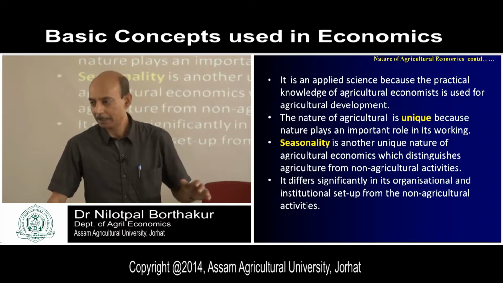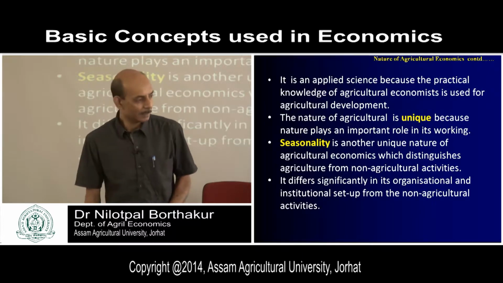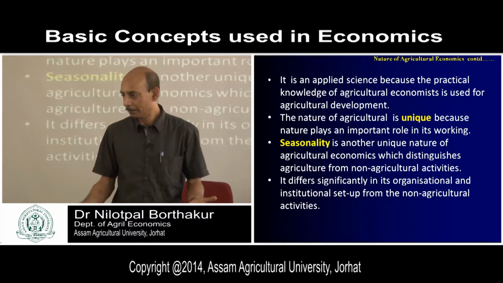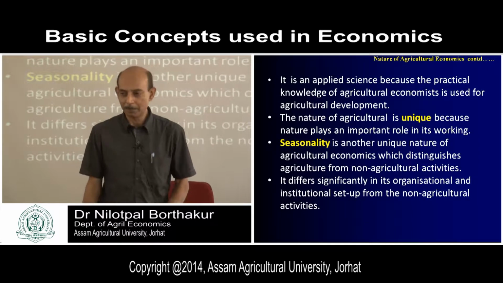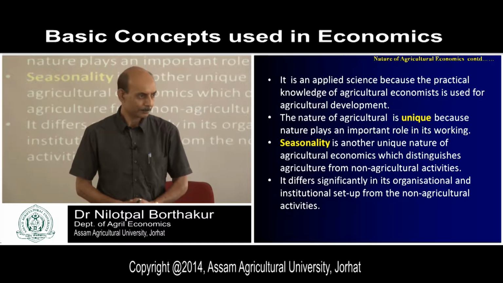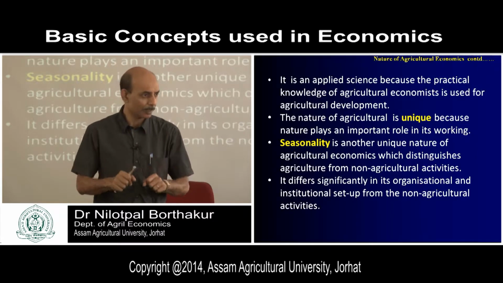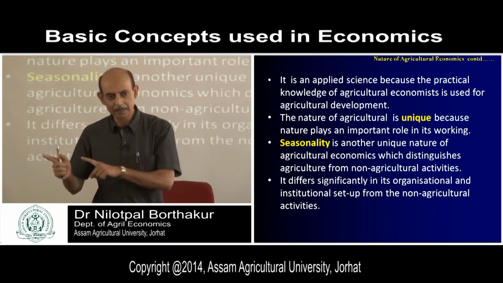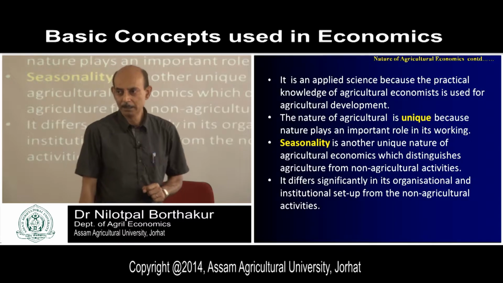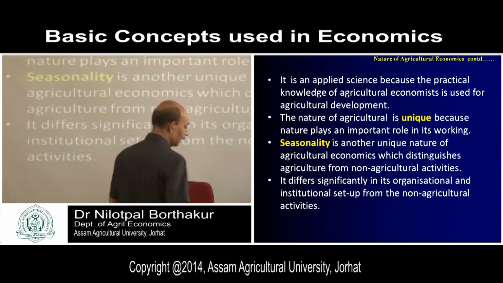Then managers, then supervisors, then finally the workers. But in agricultural activities, in the field, the farmer is all in all. He employs some casual laborers, some permanent laborers, then activities are done. So the organizational structure and institutional framework differ significantly from the manufacturing sector. That is why agricultural activities have a special character.